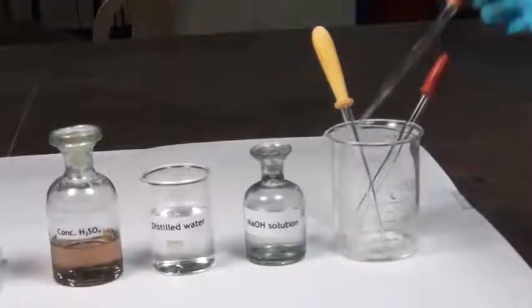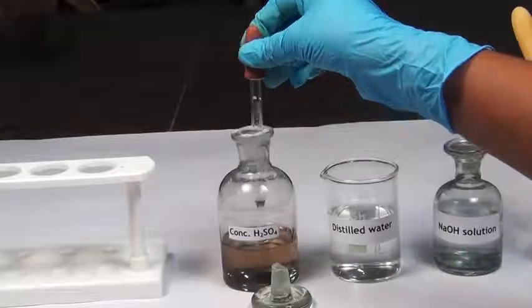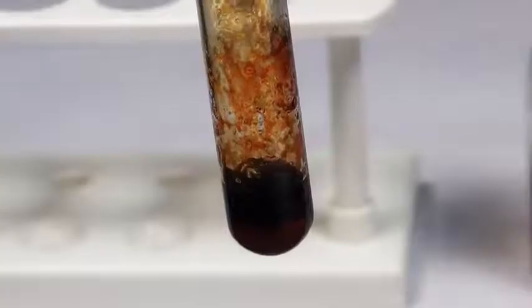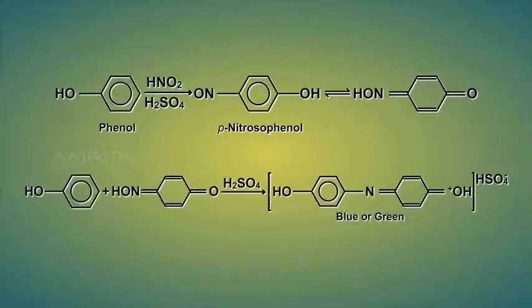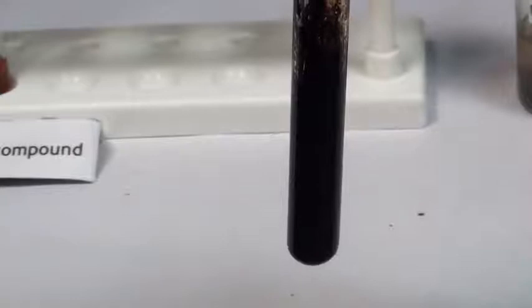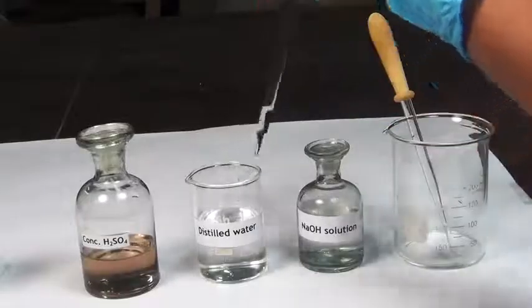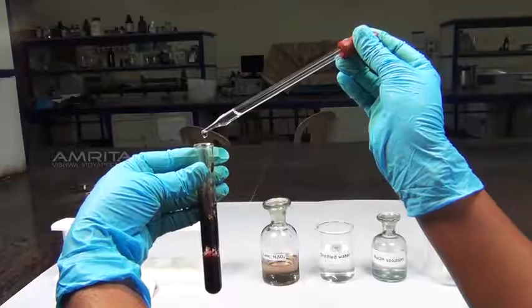Using another dropper, add a few drops of concentrated sulfuric acid to the test tube and shake the test tube well. Phenol, on reaction with sodium nitrite in the presence of concentrated sulfuric acid, gives a deep blue or green colored product. Now add some distilled water to the test tube.